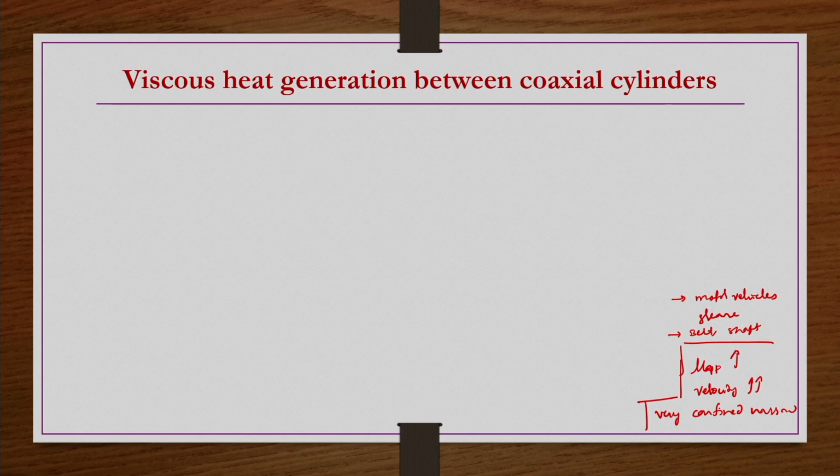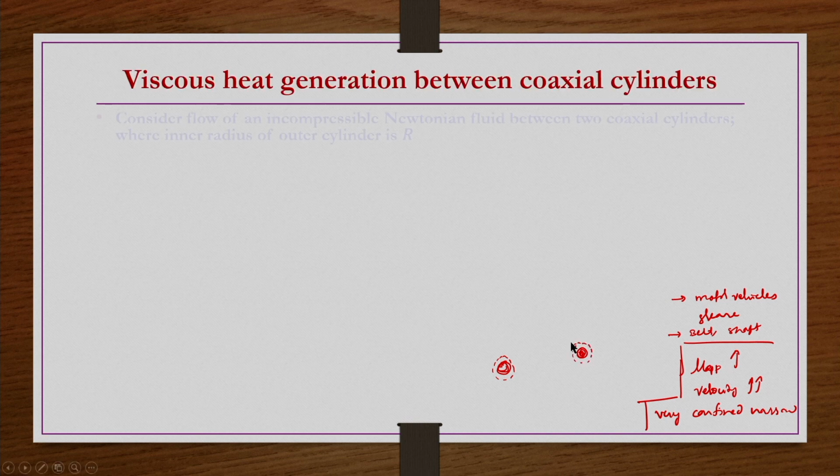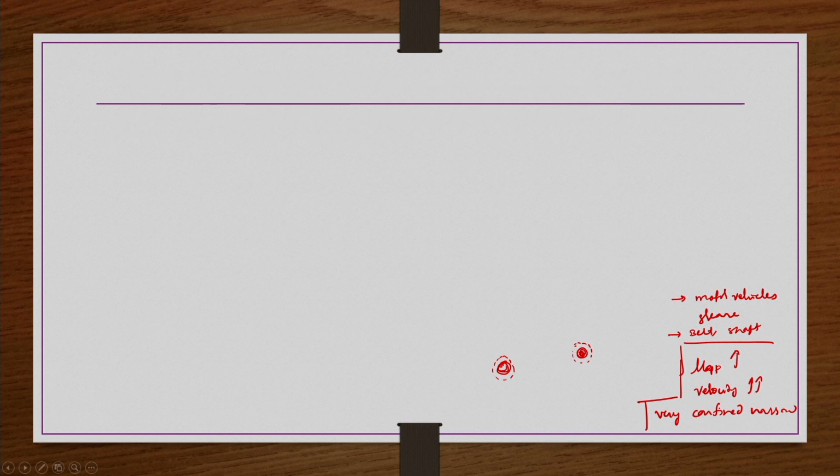There is an inner confined cylinder which is not rotating. Let us say this is the inner cylinder and there is an outer cylinder. Like this there are two cylinders confined, and the belt is moving like this.